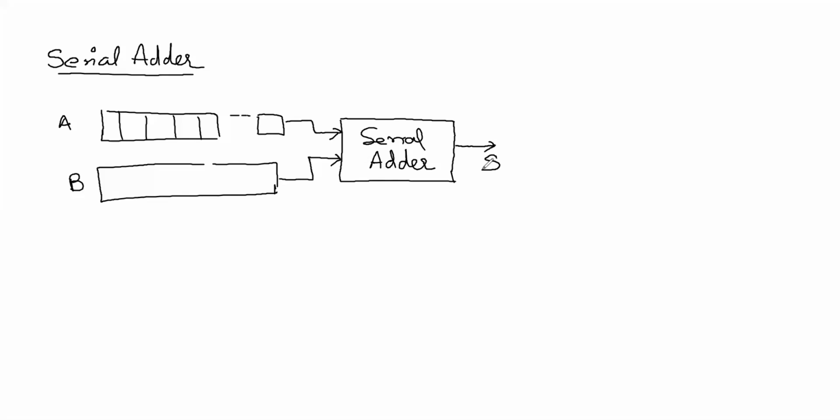You need to design the circuit for this serial adder. These are registers. If I'm using n-bit operands, I need n-bit registers to store the information. Though n does not make any difference, you can take it as 8-bit to start with.